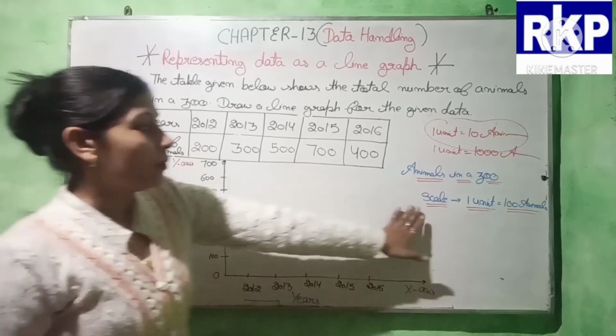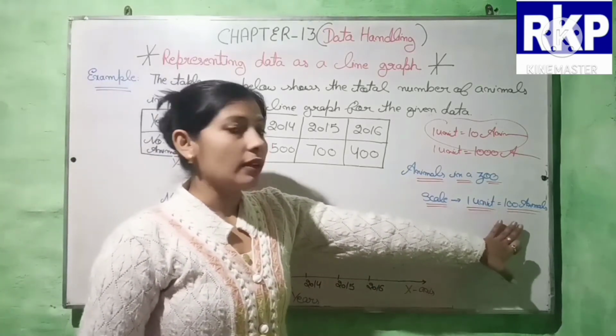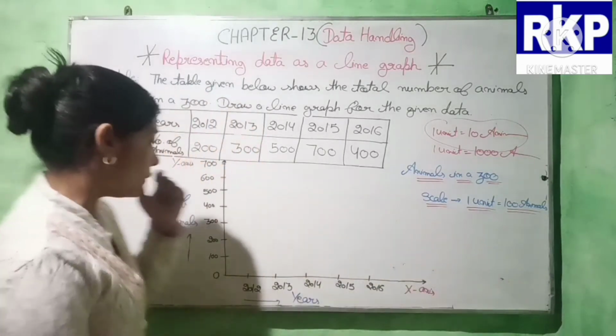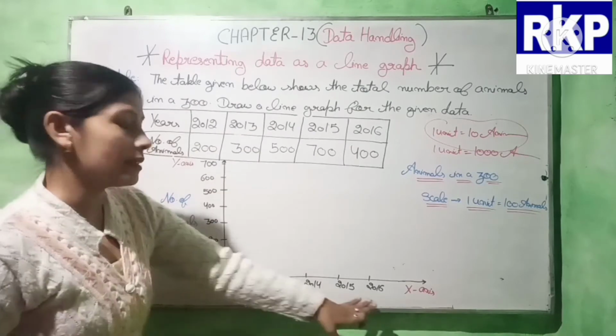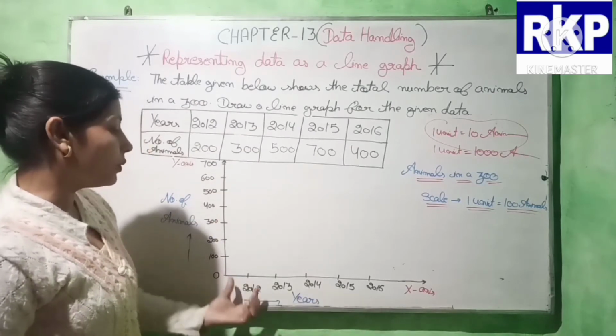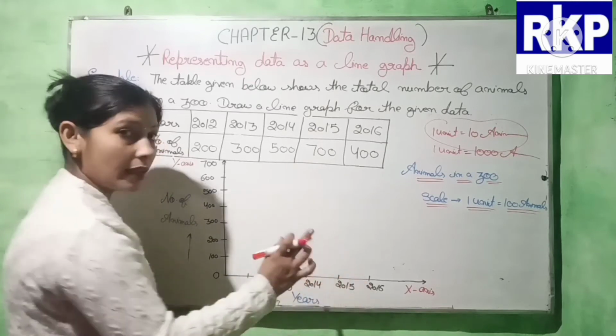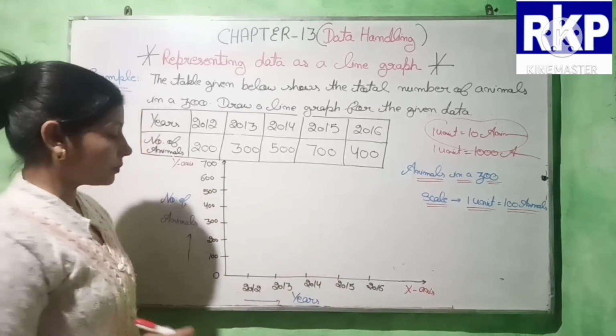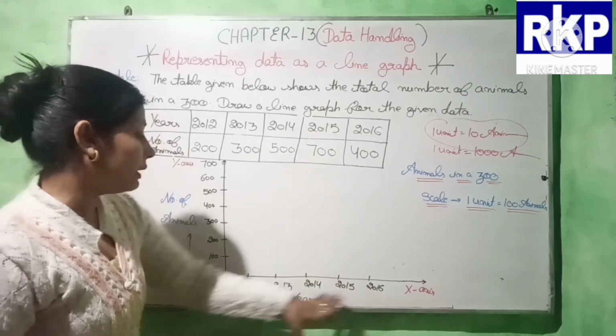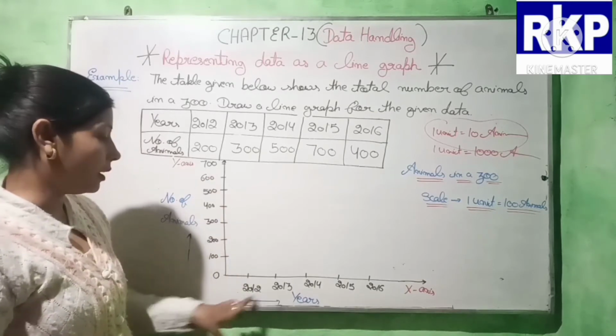So here we can take 1 unit is equal to 100 animals, and on y-axis and on x-axis जो units है बेटा उनका जो gap है, ठीक है, वो भी क्या होना चाहिए? Same. So here I have already taken equal spacing. Here you can see.